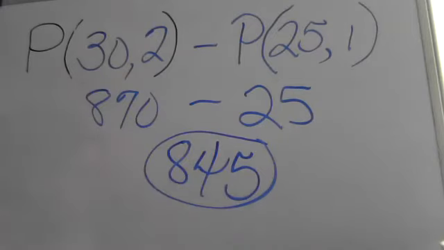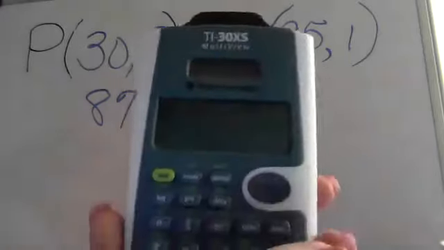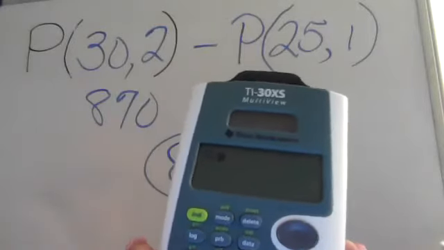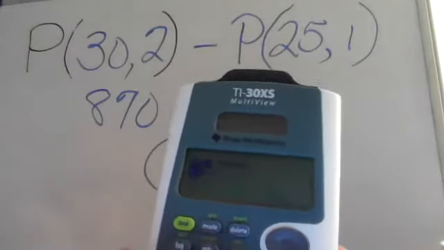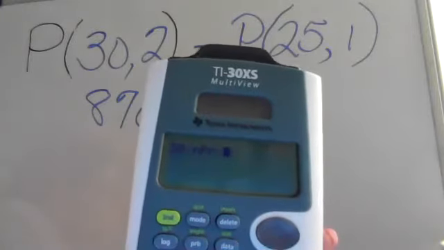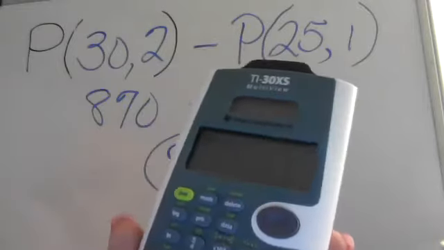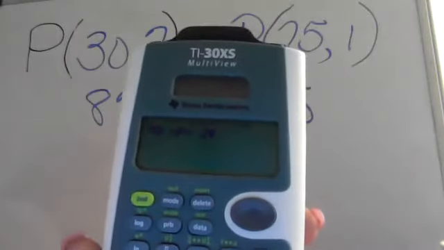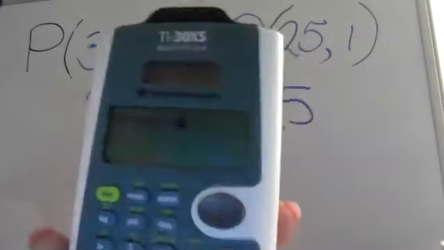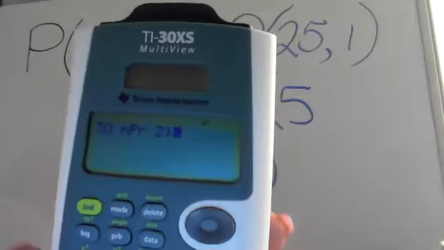Okay, now let's try putting it in the calculator all at once. So the first one, we're going to say 30, probability button, number 1, taken 2 at a time. I bet we need parentheses on that if we're going to do the whole thing.